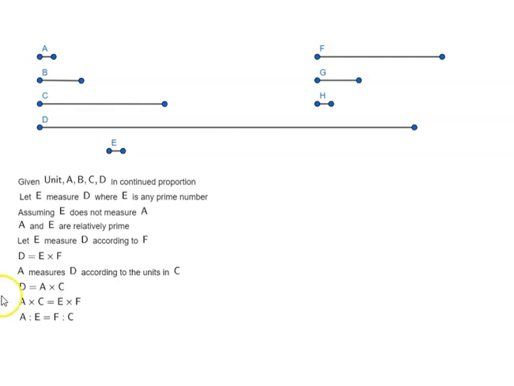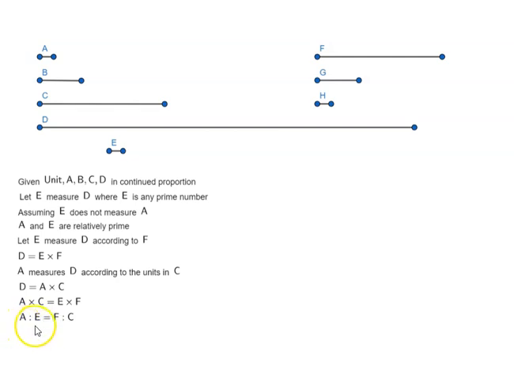In proportionality terms, it means A is to E as F is to C. If you look at A is to E, they are relatively prime, which means they are the least numbers in that ratio.